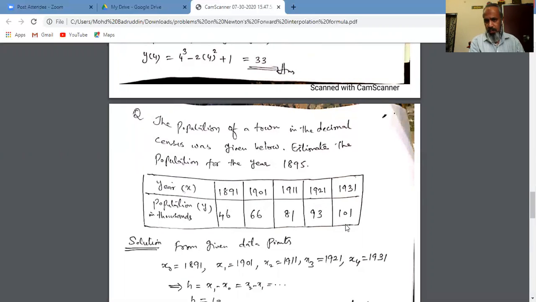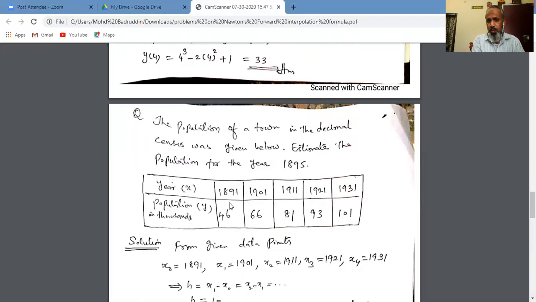In 1931, it is 101,000. So from the given data, we have to determine the population in the year 1895. So where is 1895? 1895 is in the beginning of the set of tabulated values.